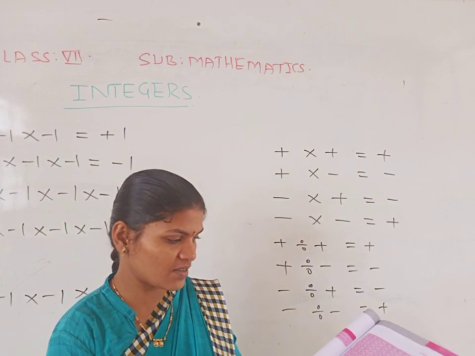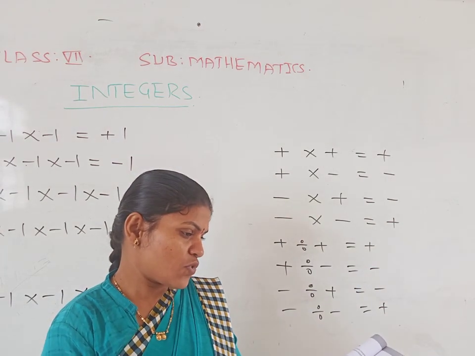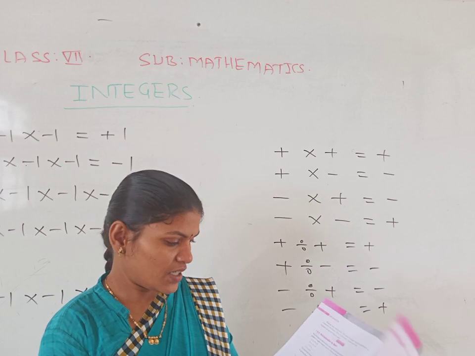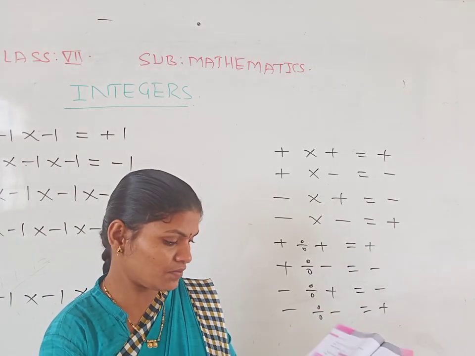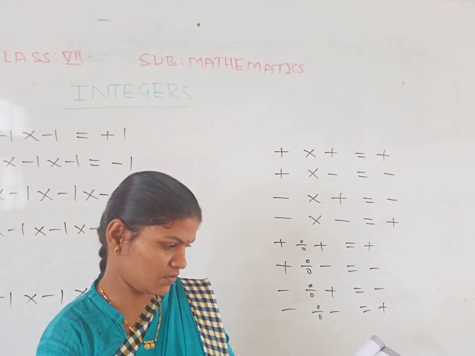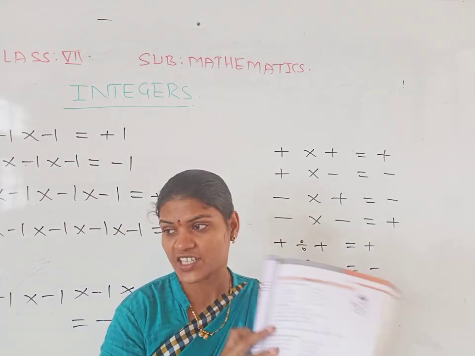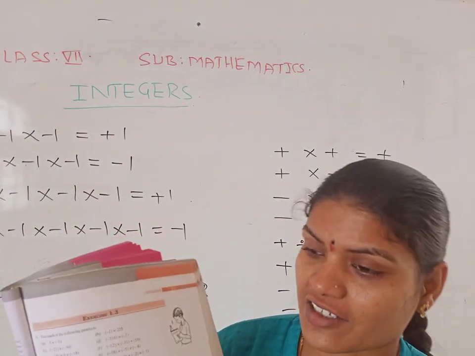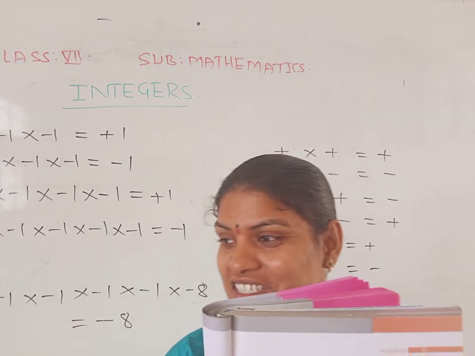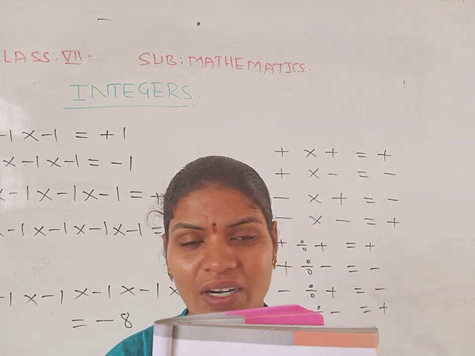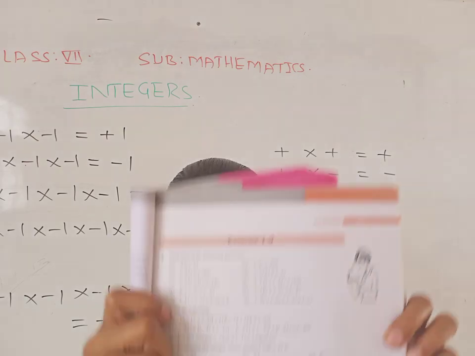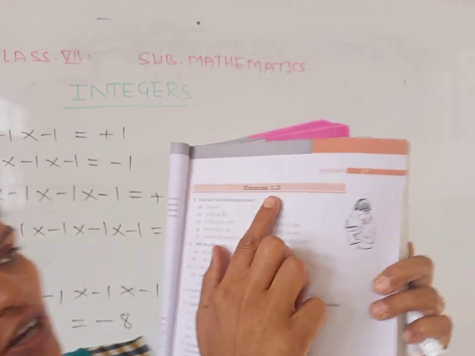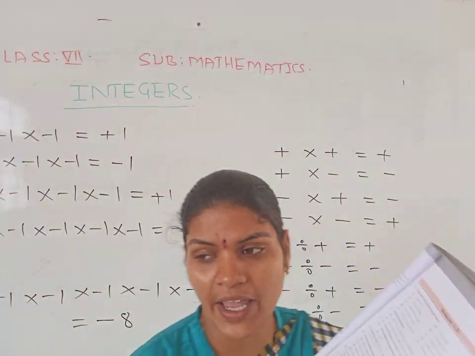Exercise 1.3, page number 21, is totally based on the product, multiplication of integers, which you have already studied. So 1.3 you can try to solve on Sunday.